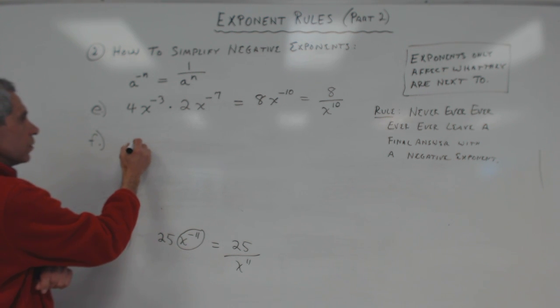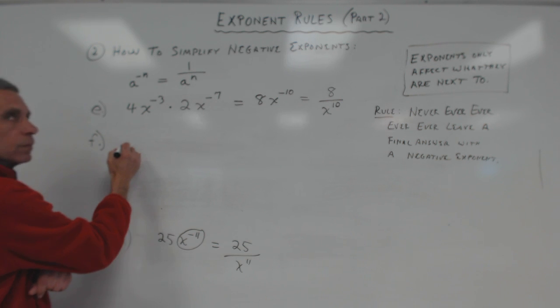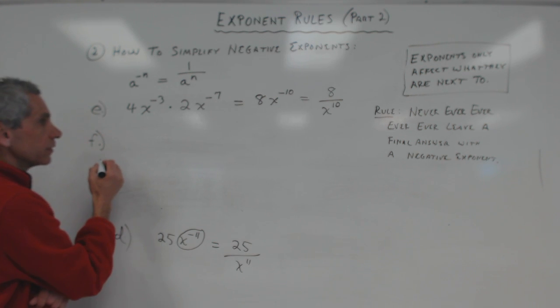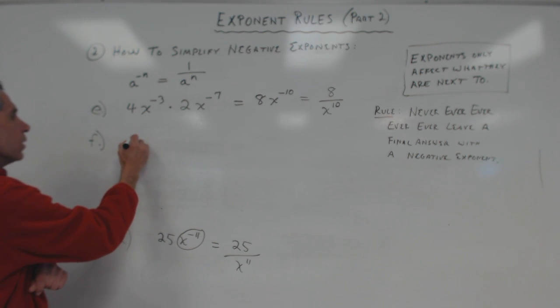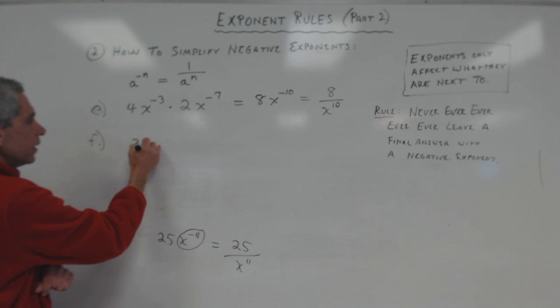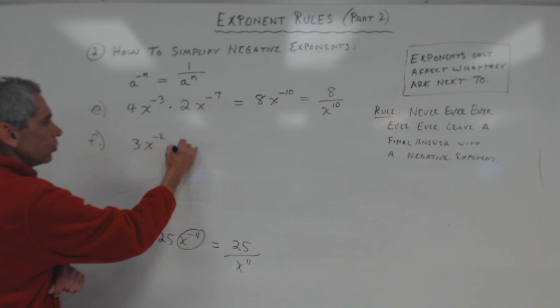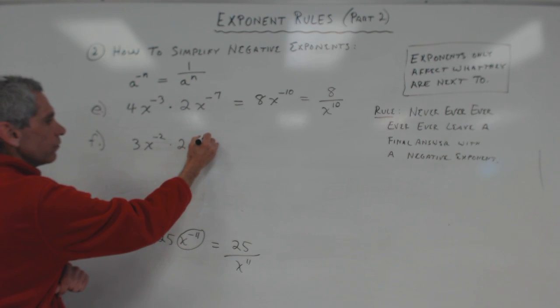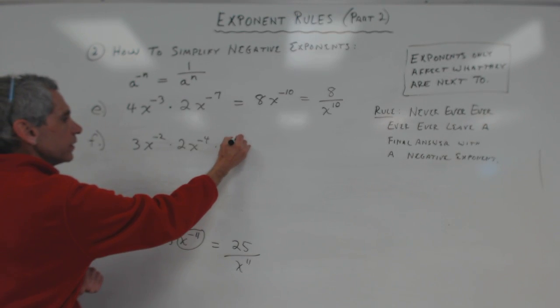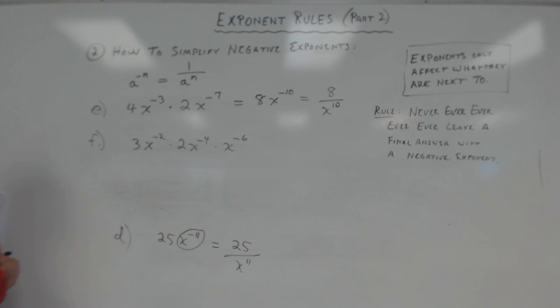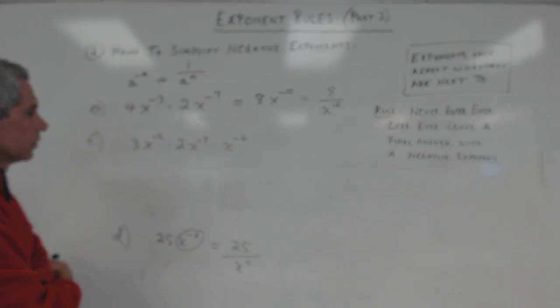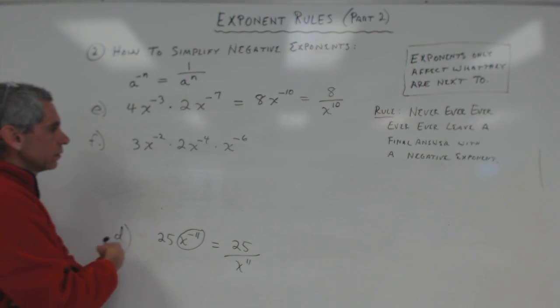All right. What if I gave you, that's good enough, actually. We'll do one more. So, 3x to the negative 2 times 2x to the negative 4 times x to the negative 6. It's 6x to the negative 12.